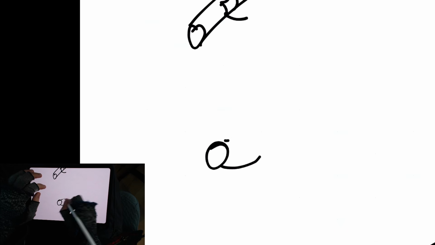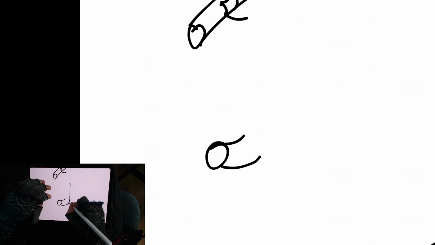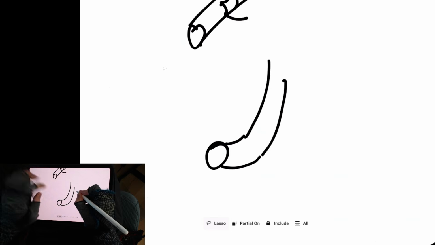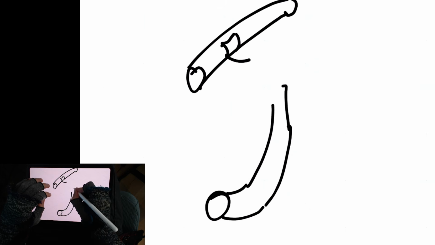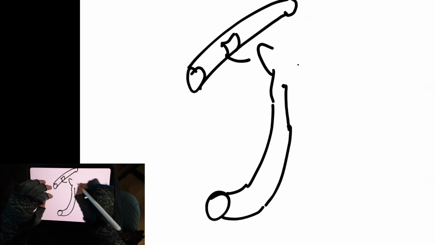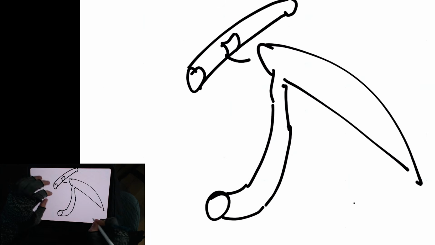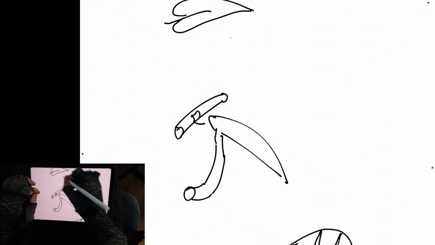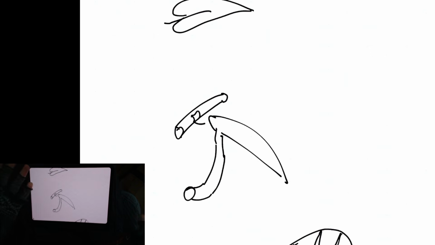Actually, let's see this from the side. So from the side, the stems come out and they go up like that. And then once they're up like that, they send out their leaves, and their leaves do something like that, because they're trying to hold the leaf up to the light and aim it towards the light.